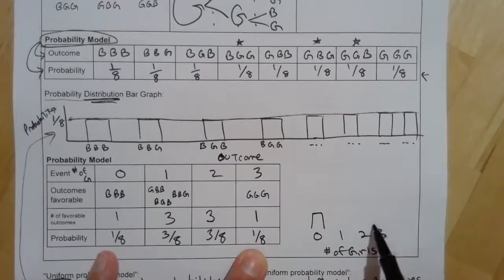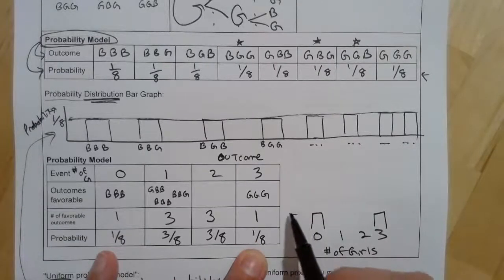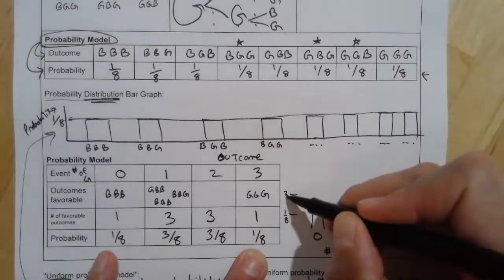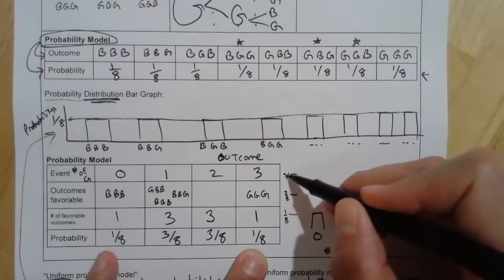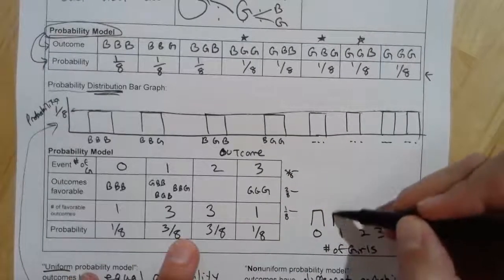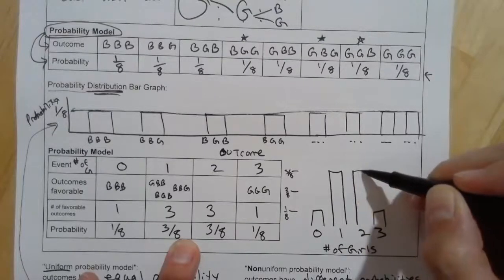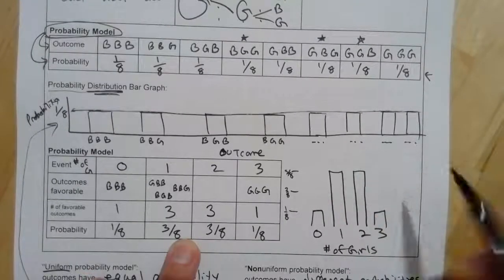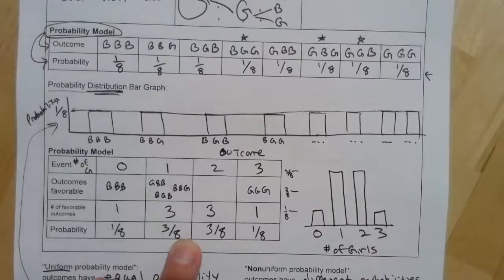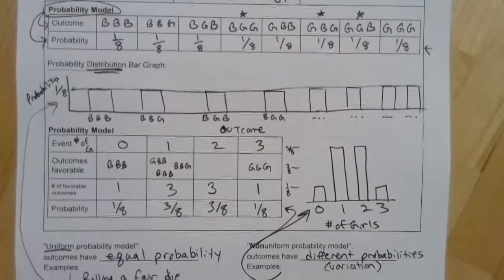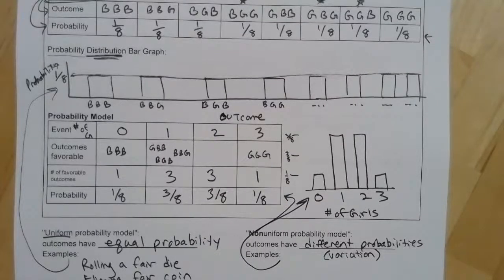That's only 1/8. So I'm going to make this line right here, 1/8. But now, up to here would be 2/8, and up to here would be 3/8. So the probability of having 1 girl or 2 girls, and thus 1 boy, is actually quite a bit higher. So this here is a perfect example of a non-uniform probability model. There or there we can see that the probabilities are different. So that would be non-uniform.